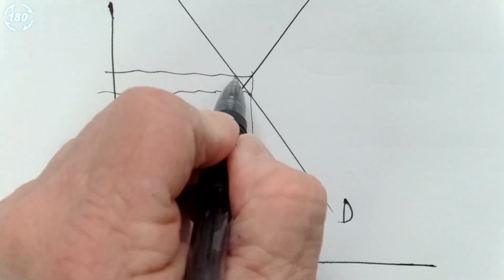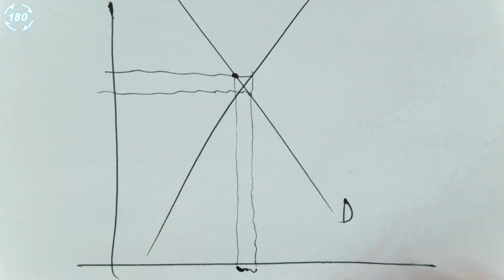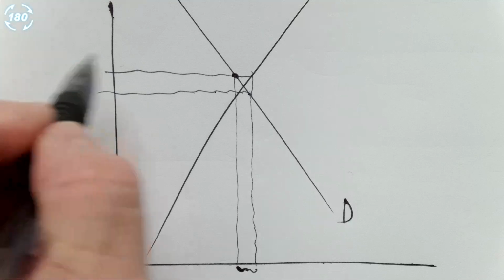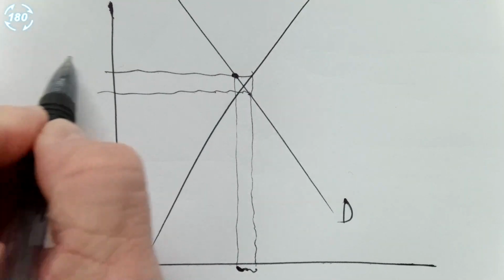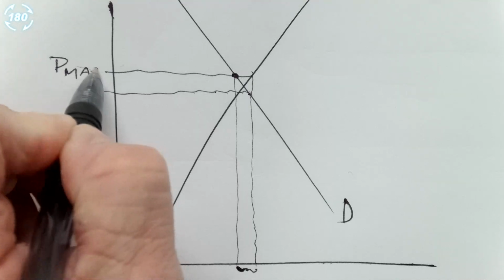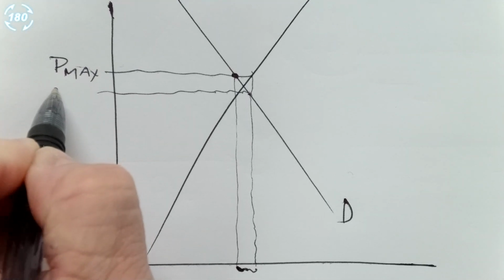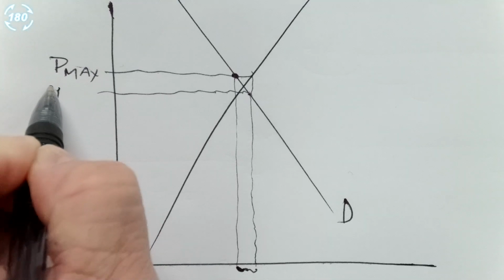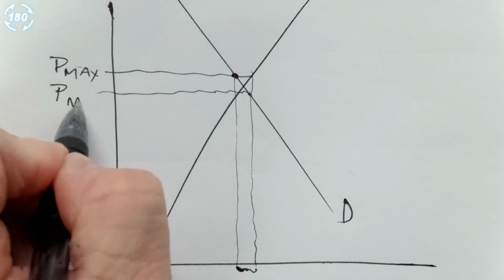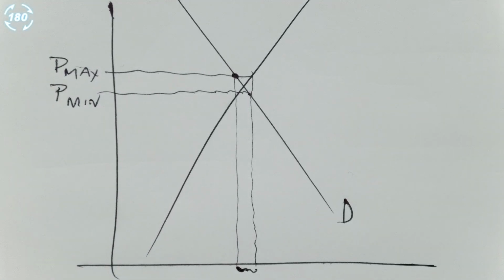Now if you lined up all the wheat farmers here, where this one's in the middle, if they keep their wheat off the market, the price will be here at P max. If they farm all of their acreage, all million acres, I think it was 500,000 you did a while ago, right? This would be the minimum market price.